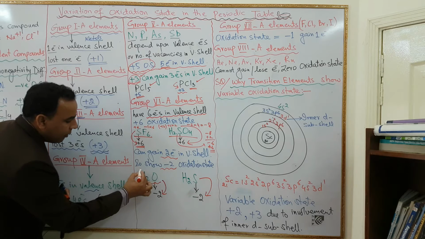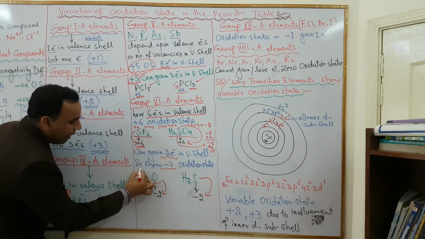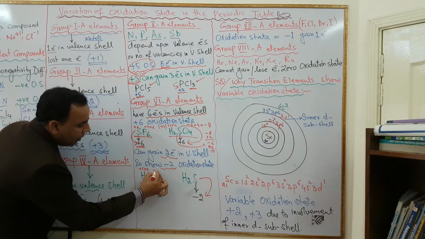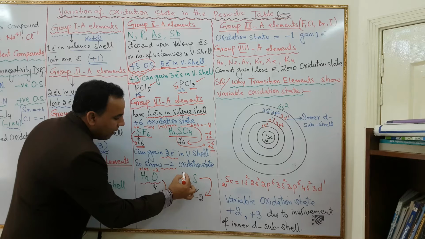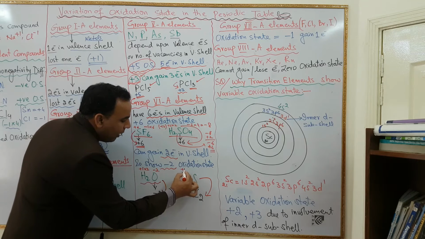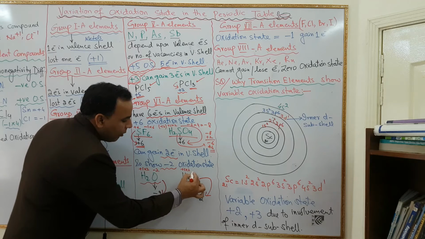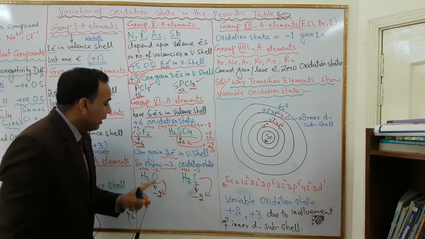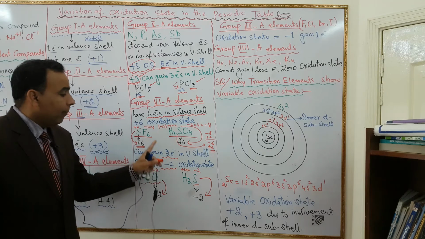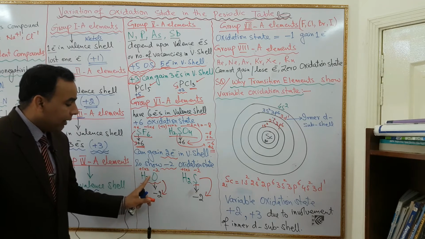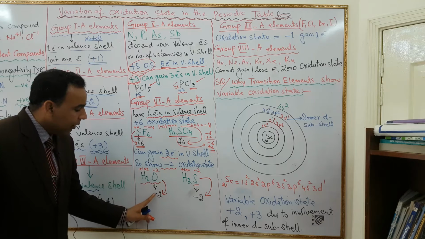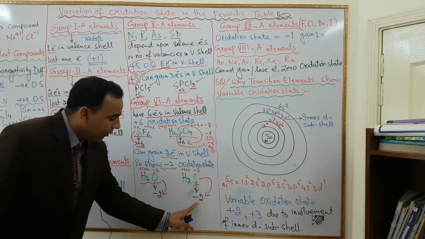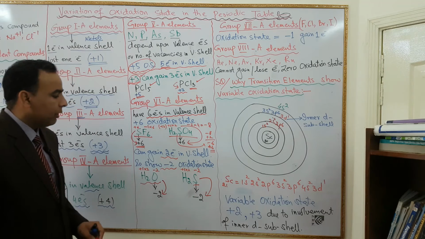Why? Because, my dear students, hydrogen has +1 oxidation state multiplied by 2 is +2, and so the oxygen oxidation state will be -2. Similarly, in the case of H2S, +1 hydrogen multiplied by 2 is +2, so the sulfur oxidation state will be -2. That is, oxygen shows -2 oxidation state, and in the case of H2S, sulfur shows -2 oxidation state.